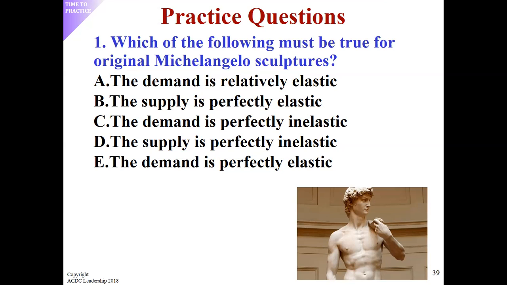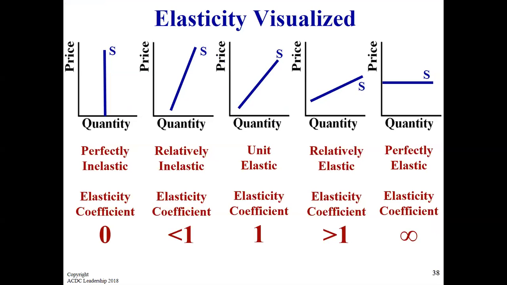Is the supply, no matter what, like you just said, if 1,000 people want Michelangelo's sculptures, are there going to be more of them? No, he's dead, right? So the quantity will not change, and that is what a perfectly inelastic curve is: the quantity will not change.